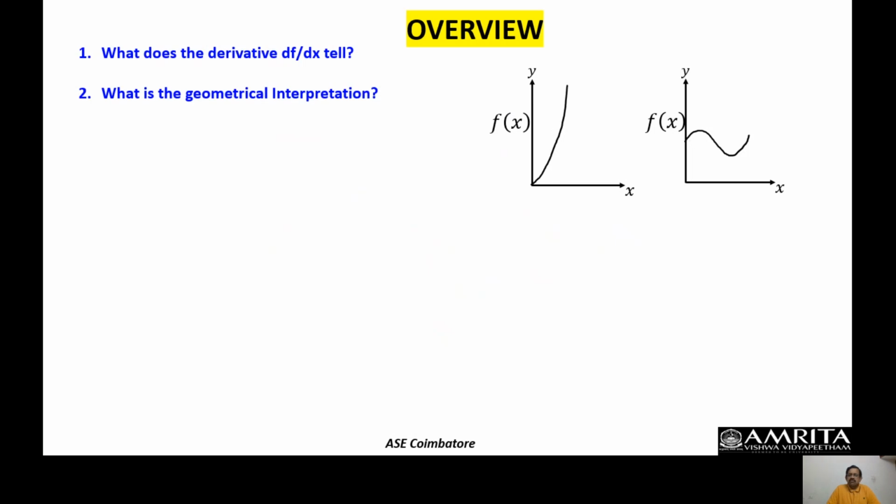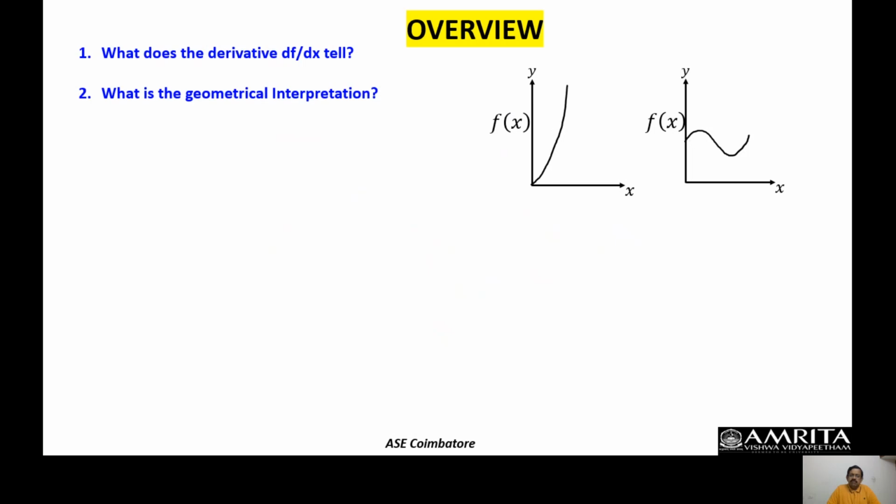In both these functions we can clearly see that the derivative is changing, depending on the point where you are taking the derivative, because the variation is not linear, rather it is changing in both cases, so it is not constant. The derivatives are varying.